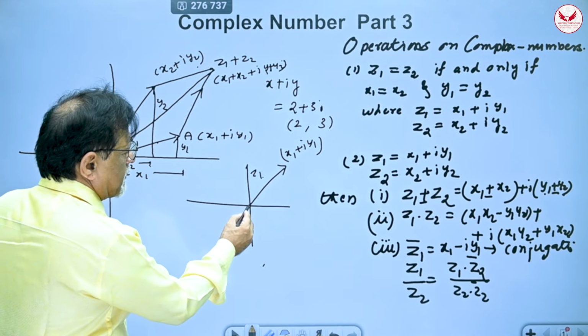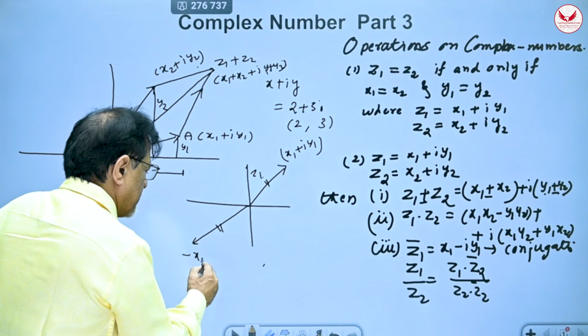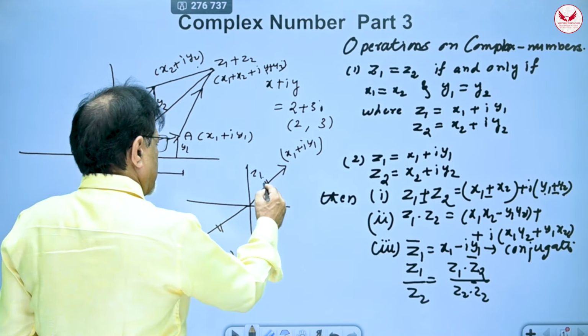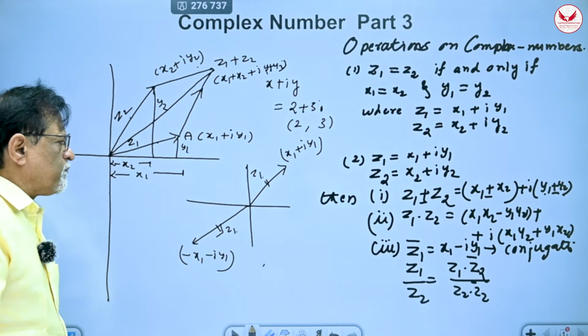So the vector will start from here. It will have the same length, so these two lengths will be equal, and the only thing is it will be in the opposite direction. So it will be minus x1 and minus iy1, correct? If this is z1, this is minus z1, correct? So this vector is minus z1.